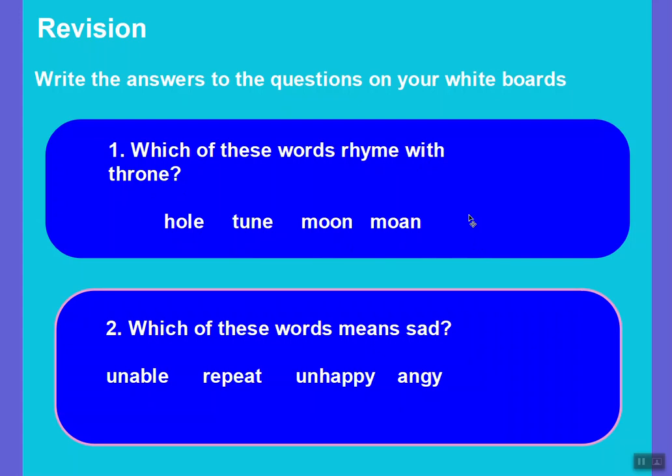Which of these words means sad? Okay, which of these words means sad? Here are the 4 words. You need to choose one and write it on your whiteboard for question 2. Again, you might want to read the words out loud to help you.